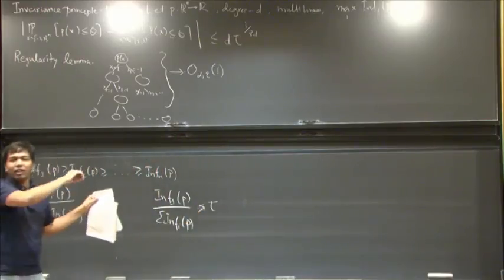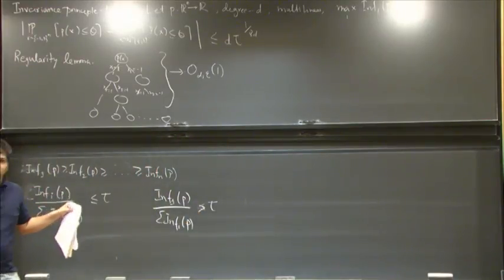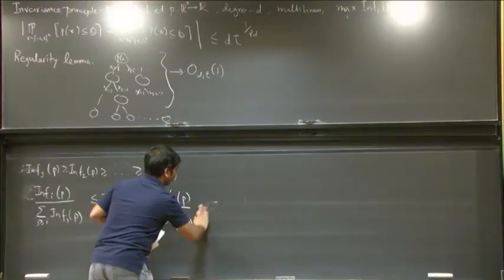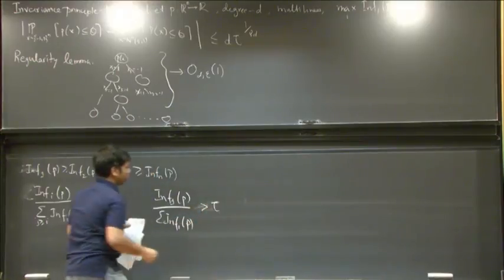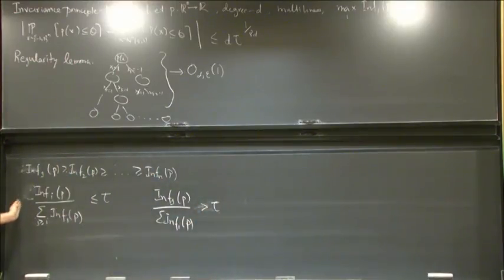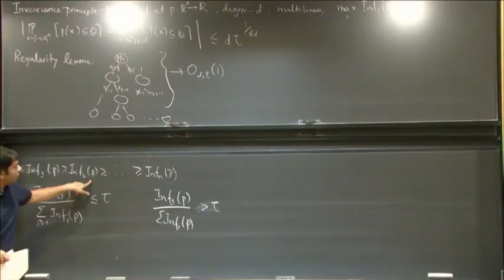If it's less than tau, anyway, the things will work out correctly. So let's assume that this is greater than tau. Then you check whether the influence of the second variable divided by the influence of all the variables starting from 2 to n are all bigger than tau.